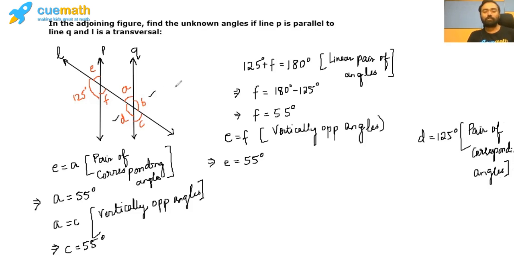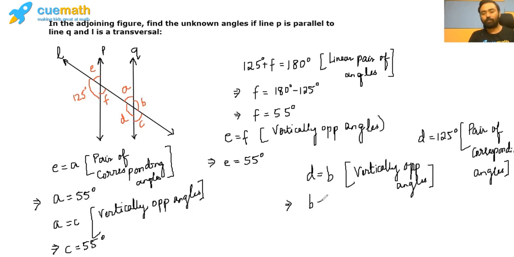Lastly, the position of B and D are such that D will be equal to B because they are vertically opposite angles again. So vertically opposite angles means that the value of B is 125 degrees as well.